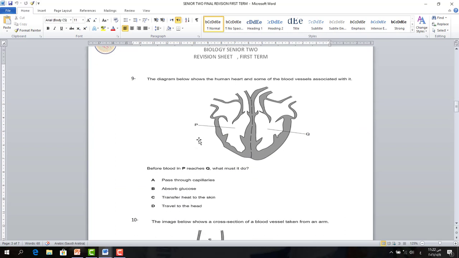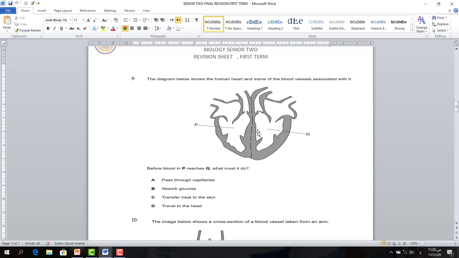Number 9. The diagram below shows a human heart and some of the blood vessels associated with it. Before blood in B goes to Q, what must it do?